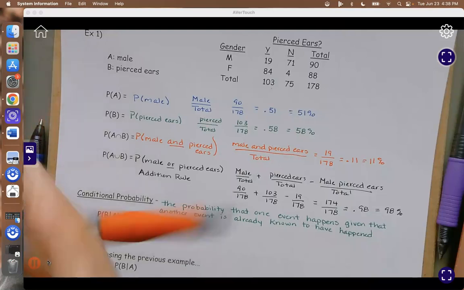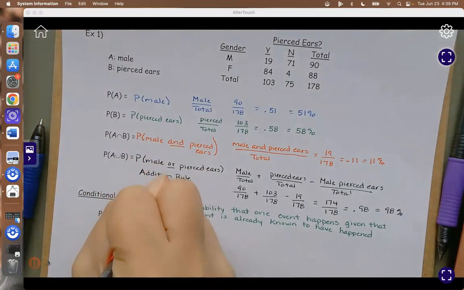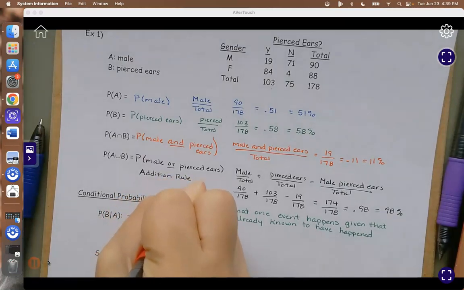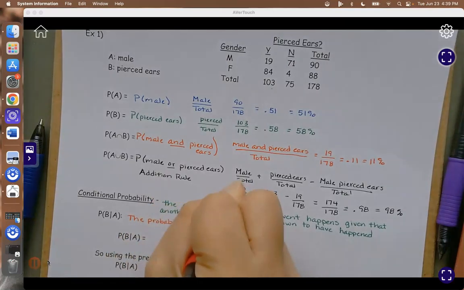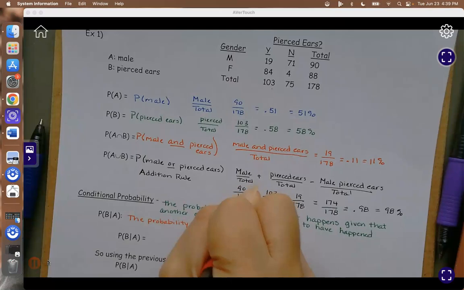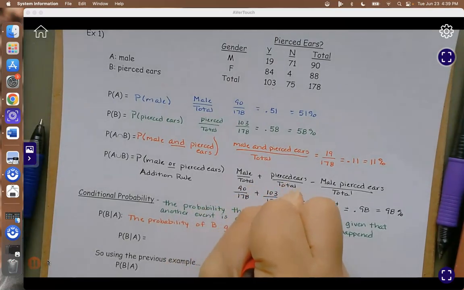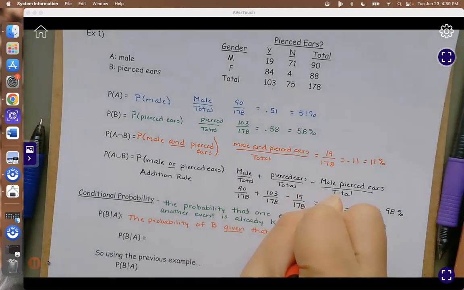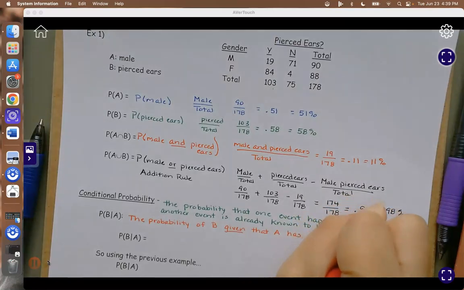So we're going to write that down. This translates into the probability of B given that A has already happened.